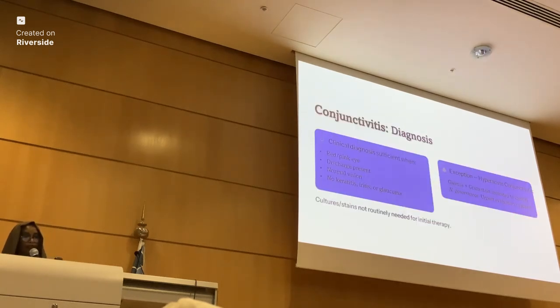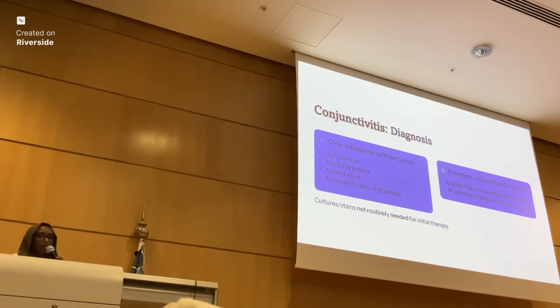Okay, so when it comes to diagnosis, when it's a viral infection, you don't really need to send a sample to the lab, true? Viral is self-limited, especially if you don't have your cornea involved, so it's just viral, self-limited, supportive care, and that's it.